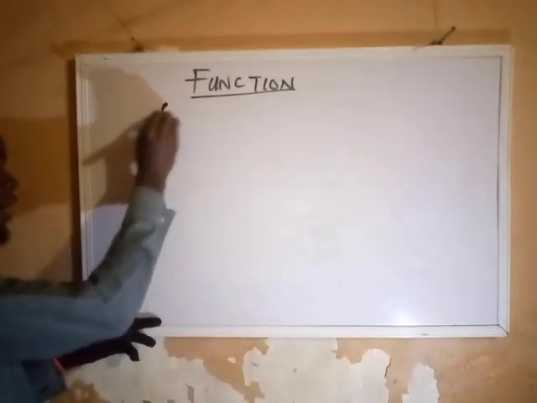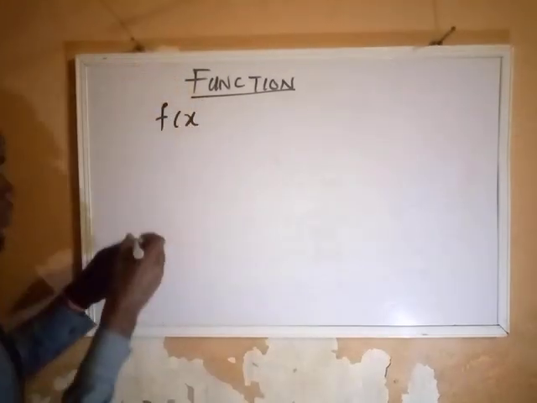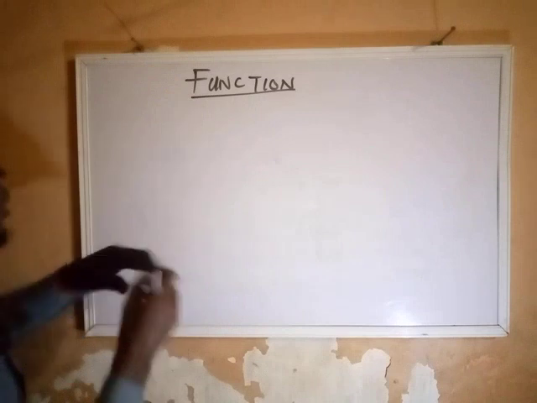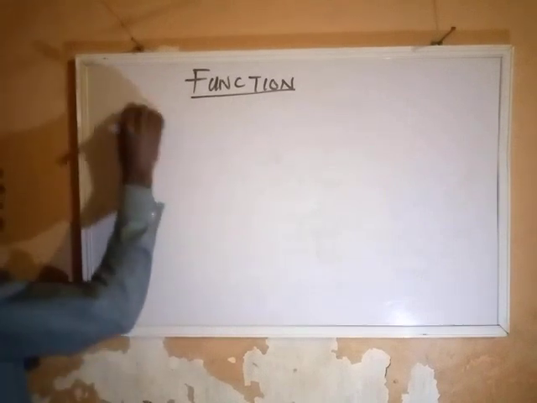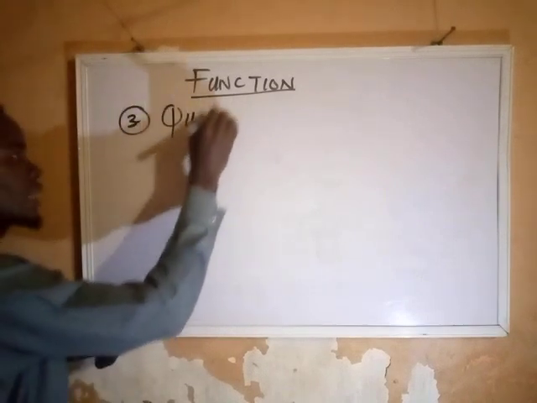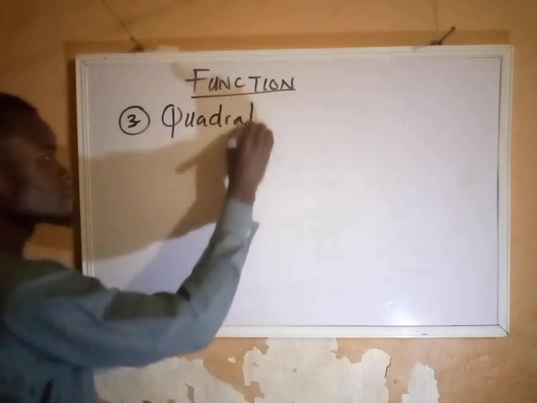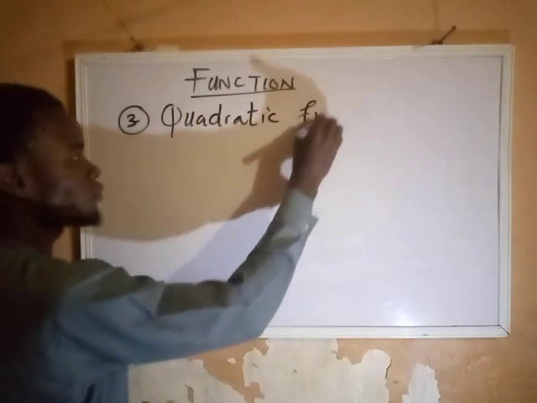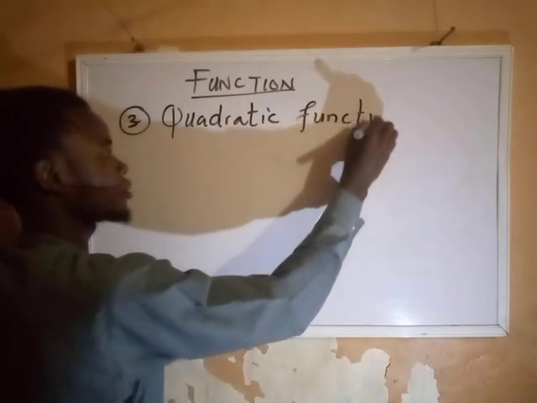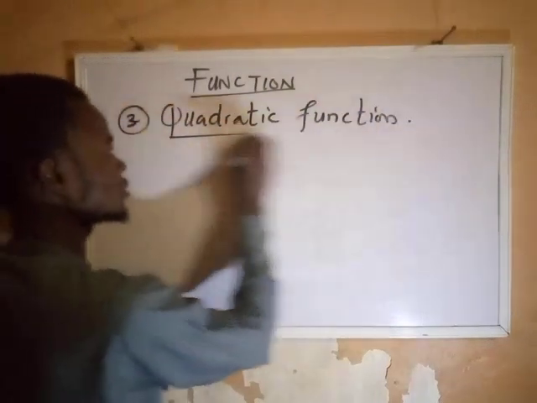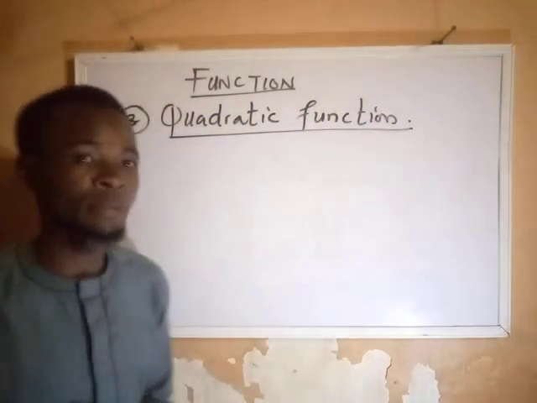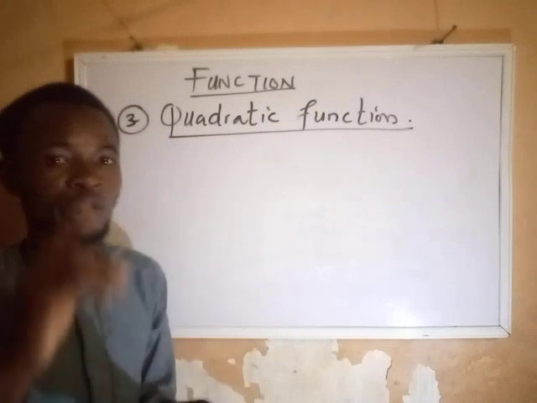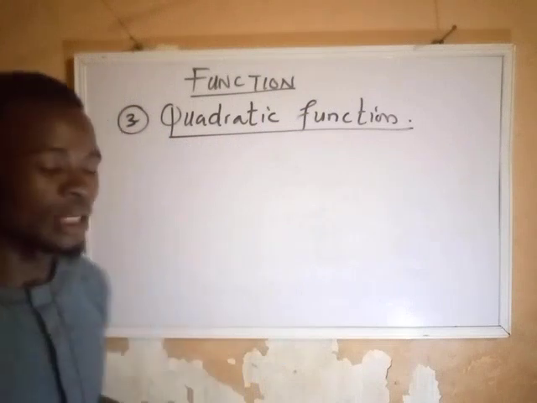So, let's say we have f of x, the number 3, we have it to be a quadratic function. As defined, if the highest power of that particular variable is exactly 2, we call it a quadratic function.